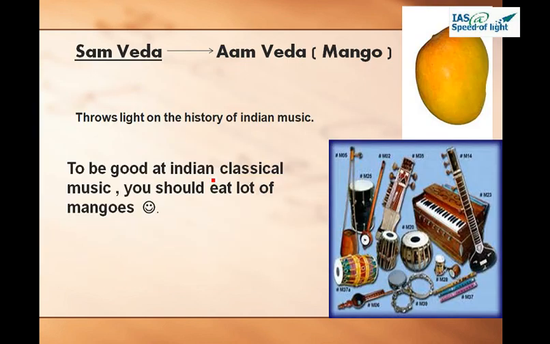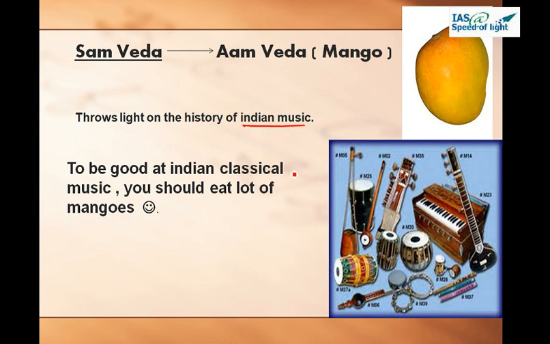Samved. Now, if we close our eyes here, nothing is coming in front of us. Samved, we don't have any picture. Now, Sam becomes Am. Am for us is mango. Samved becomes Amved. This is the Ved which throws light on the history of Indian music.